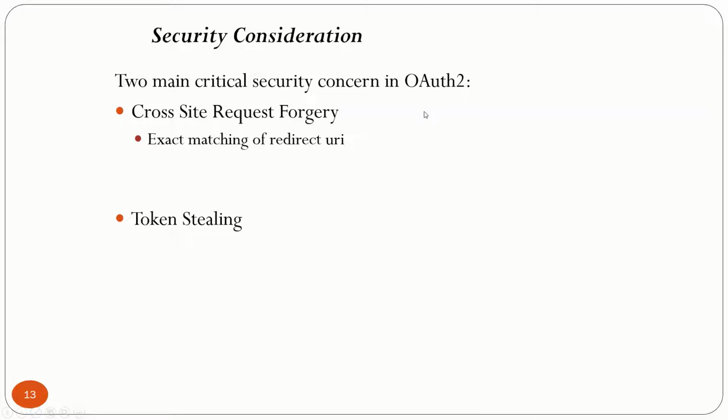I heard a story about the EA Sports company that was having a huge amount of problems because of this, because they didn't match exactly the redirect URI. They just matched some part of the URI, but not completely. And yeah, this is bad.